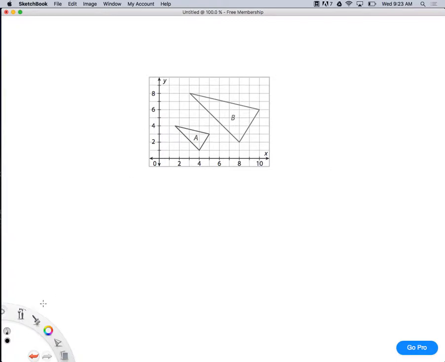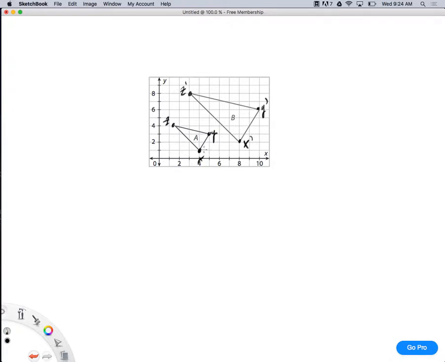I determine if it's a dilation if the sides are all the same proportion to one another. So for instance, let's call these points X, Y, and Z here. Then this would be Z prime, this would be Y prime, and this would be X prime.